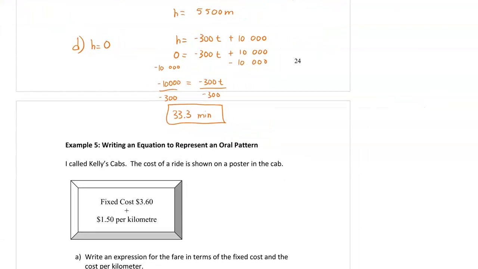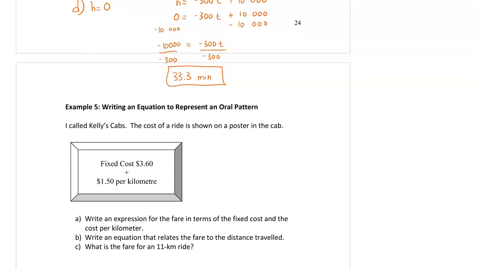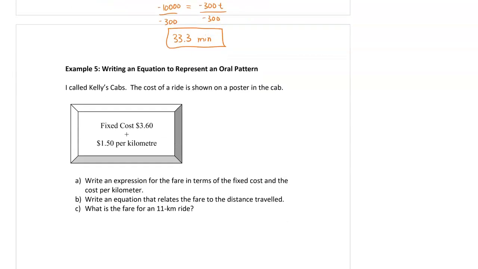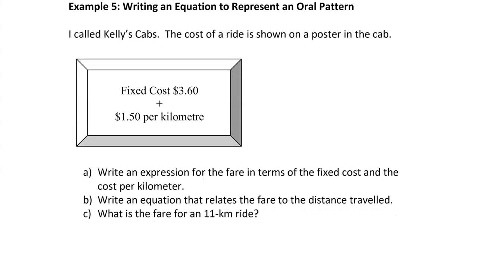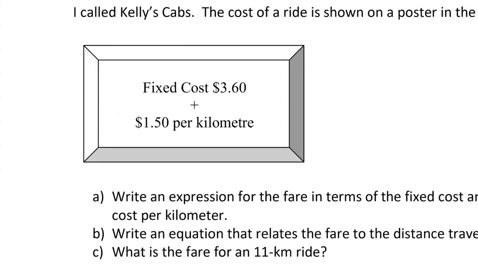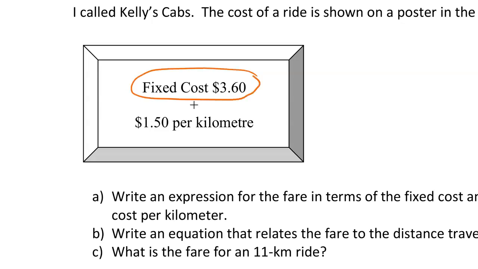Following this, there's example 5 and example 6, which are going to look at similar concepts. Now remember, we want to pay attention to what our constant is going to be and also look at what our rate of change is. Well, if this is the fixed cost, this is going to be our constant.